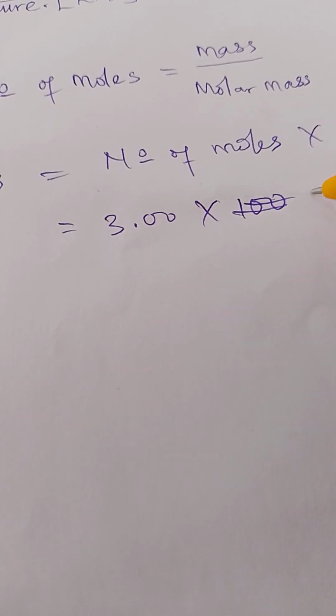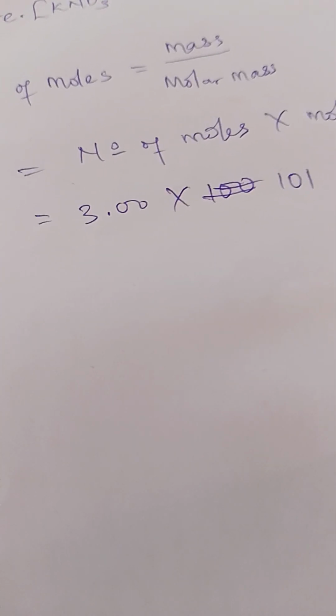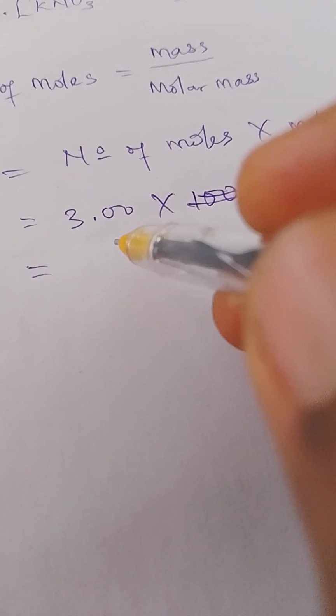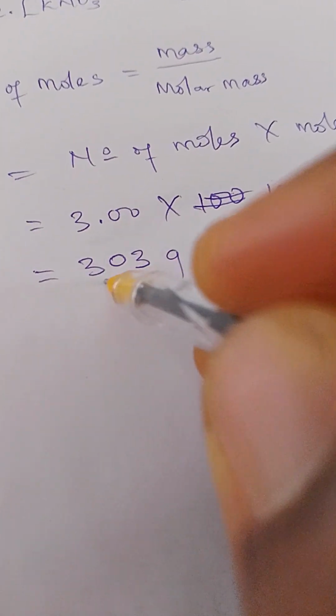When you are solving chemistry questions, try to avoid mistakes. So if you multiply that, it should give you about 303, and our unit will be grams.